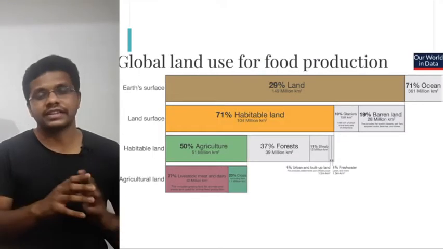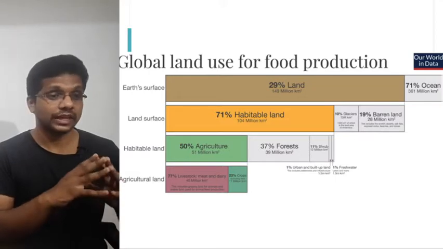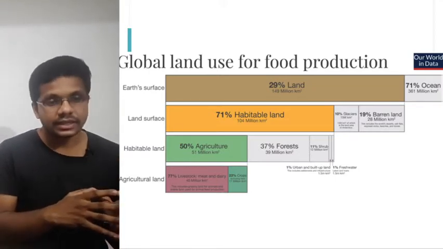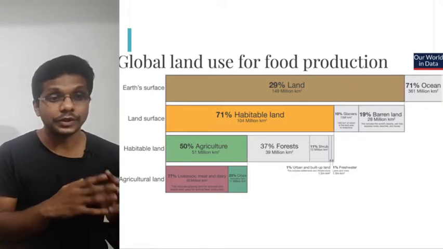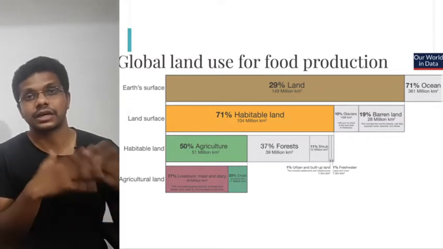So how is land utilized globally? If you take a look at global land utilization, we can see that 29% of Earth's surface is land, and another 71% is covered by oceans.